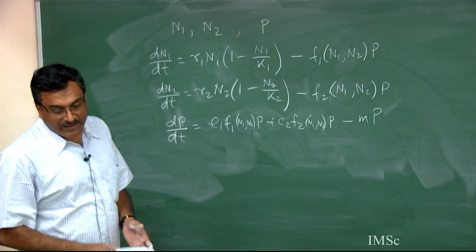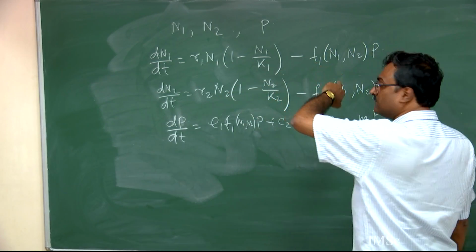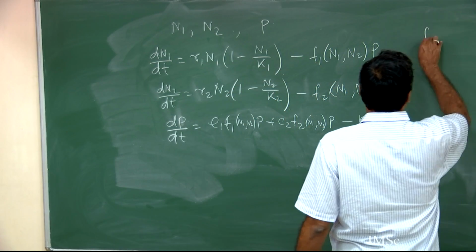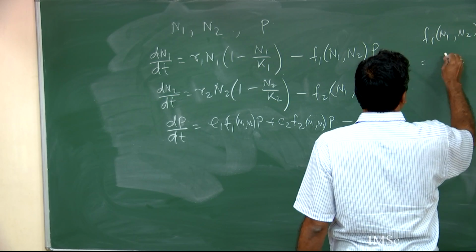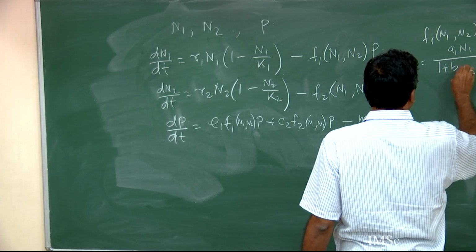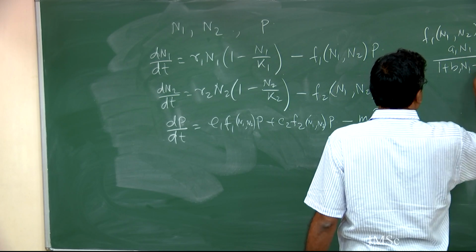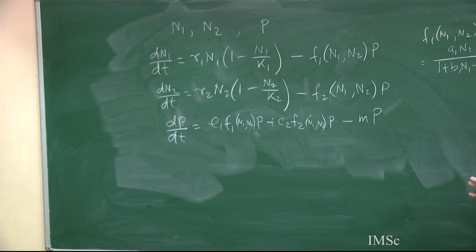Most of the time, for this type of functional form, a particular example is, suppose, your F1 of N1 N2 is equal to A1 N1 divided by 1 plus B1 N1 plus B2 N2. This is one possible format.